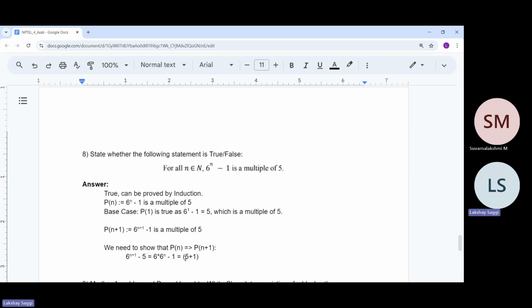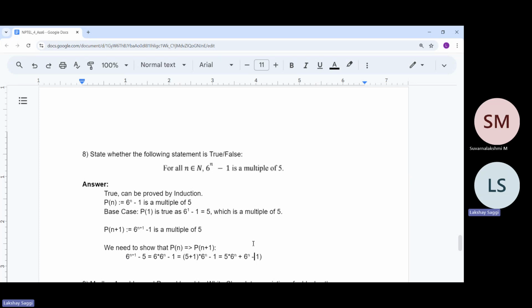So this will be nothing but (5+1) times 6 to the power n, minus 1. And this will be equal to 5 times 6 to the power n, plus 6 to the power n, minus 1. I just opened these parentheses.